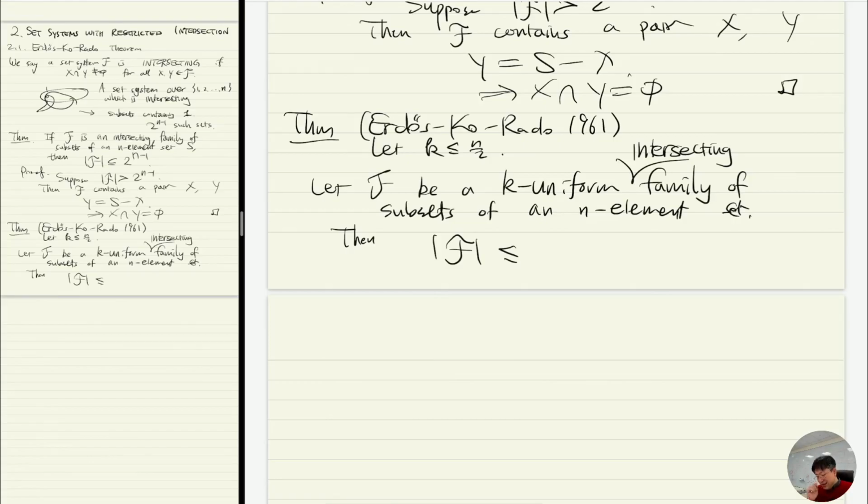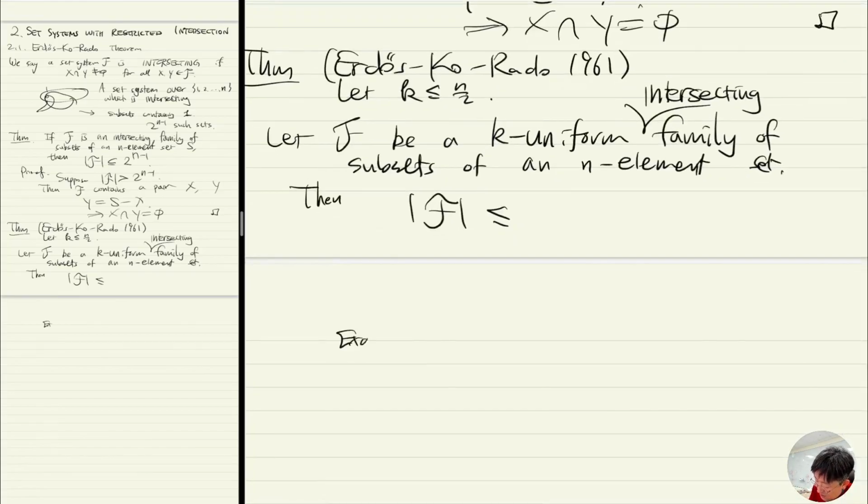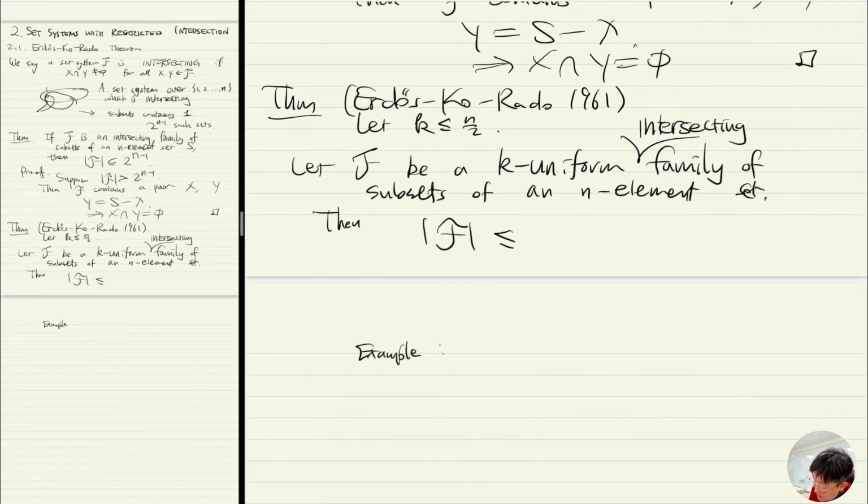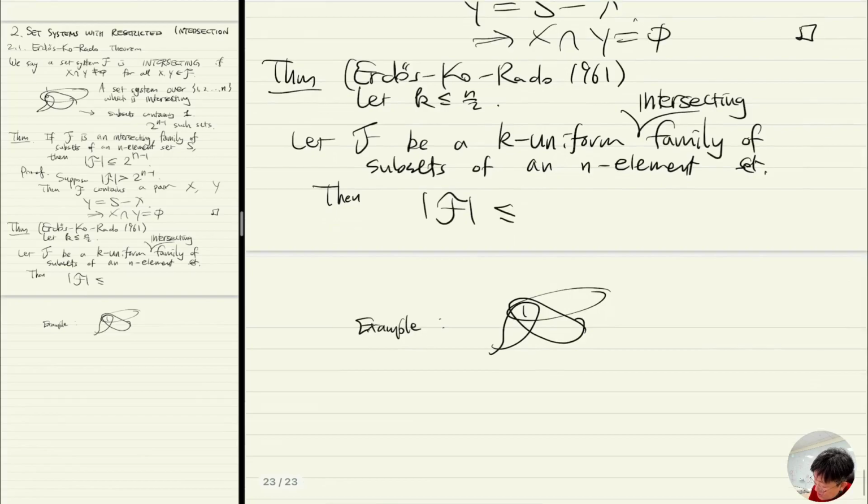And here's the example. How do we build such an example? Well, just make everybody contain 1, like before, right? Since I chose 1 already, the number of remaining elements is n minus 1, and I choose k minus 1 elements from outside and make a union with 1.